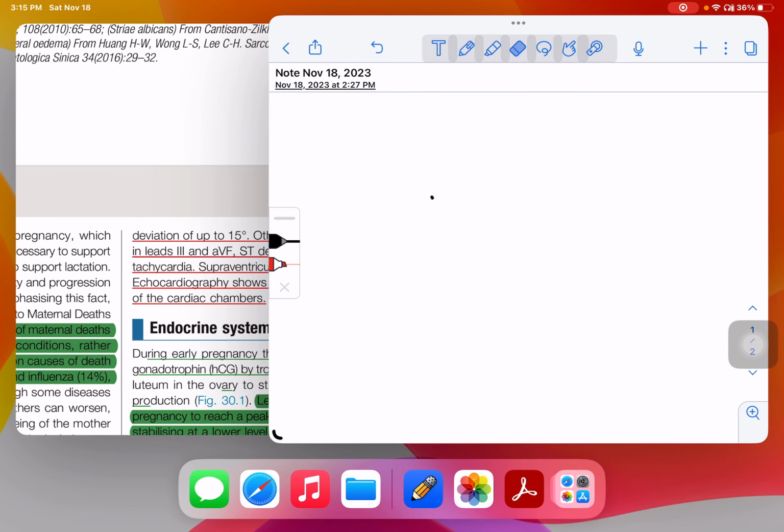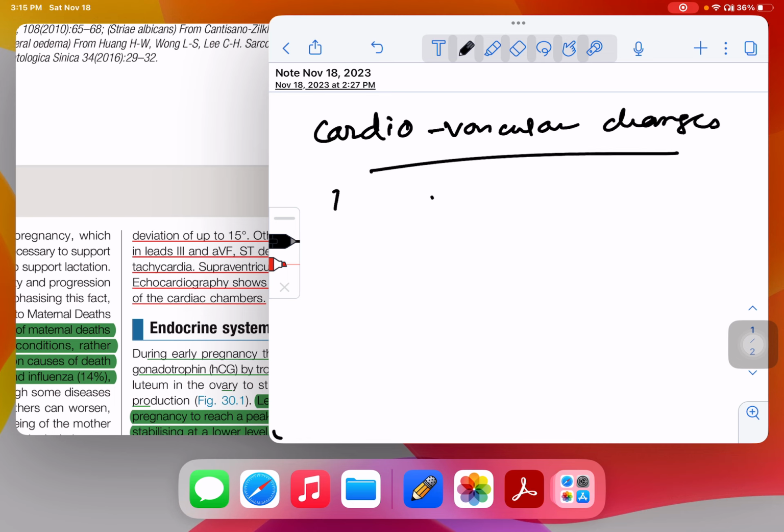So again we are discussing cardiovascular changes during pregnancy. There is increased heart rate and increased stroke volume, so there is increased cardiac output.